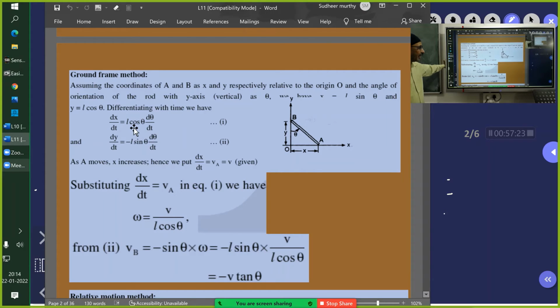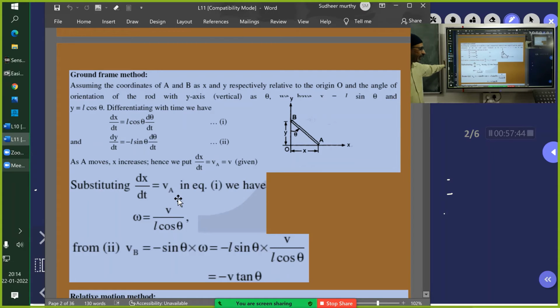If you differentiate, dx by dt will be L cos theta times d theta by dt, and dy by dt will be minus L sin theta times d theta by dt. I suppose you understood. And d theta by dt, we can interpret as omega.